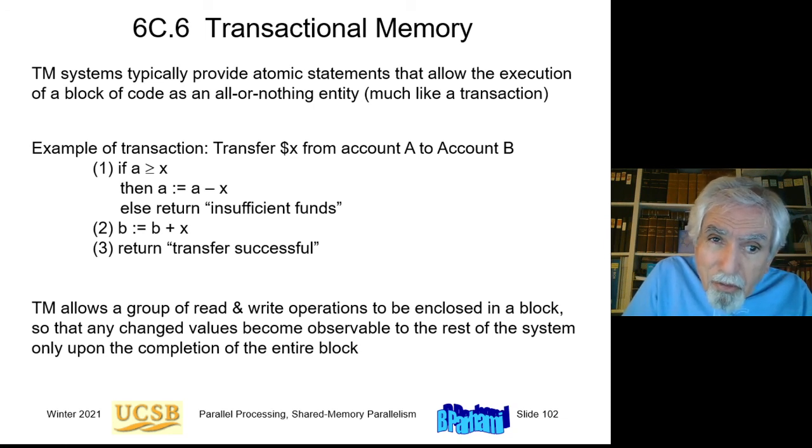And only after all three of these steps have been executed, A has been updated and B has been updated, can other processors see the new values of A and B. So this is a simple example that shows the importance of consistency. If we can design the memory to support this, so that we bundle together a bunch of instructions or statements and say, execute all of these before you change anything in memory, then a lot of the headaches that I mentioned earlier will disappear.